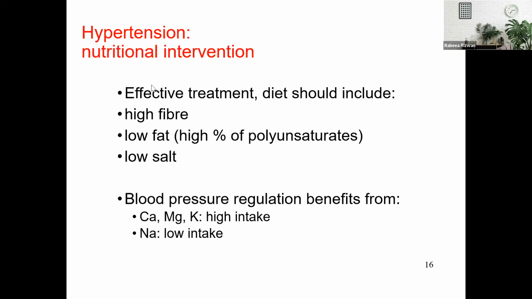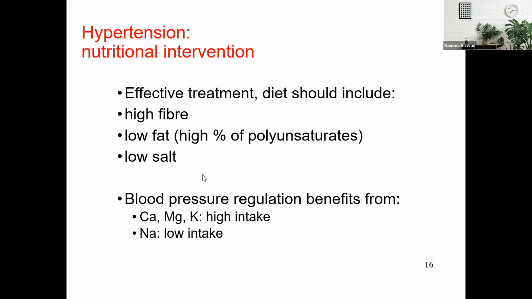Here are some interventions that have been noticed by some research articles that are being discussed here. Number one is the nutritional intervention that some researchers used to prevent and control hypertension by means of nutrition. They found that an effective treatment diet should include a high fiber diet, low fat diet, and low salt diet.